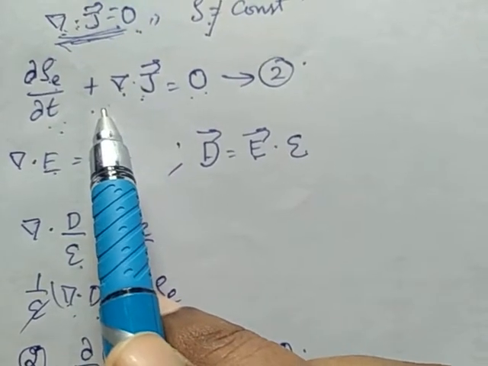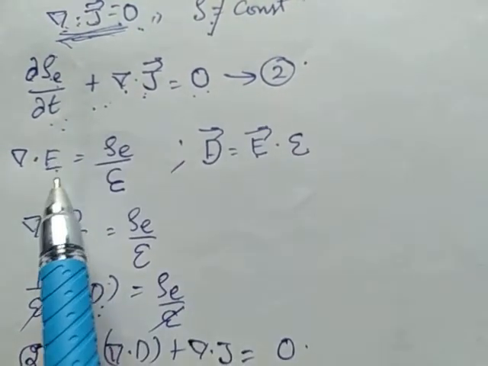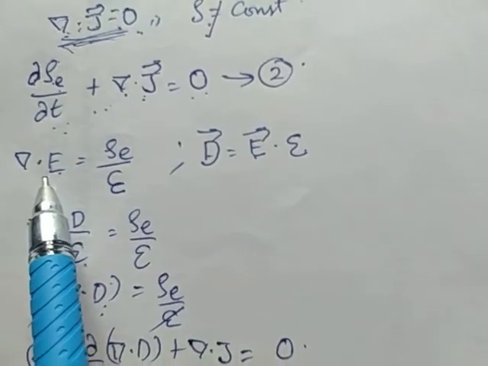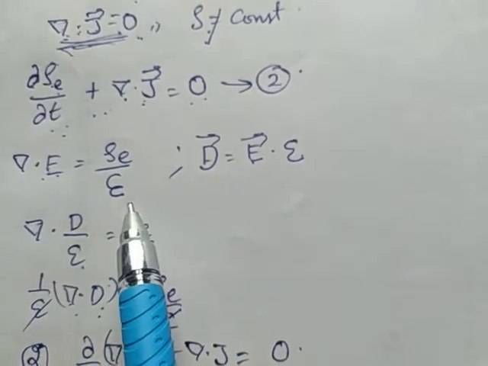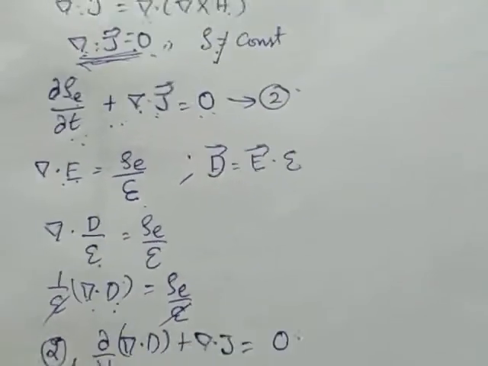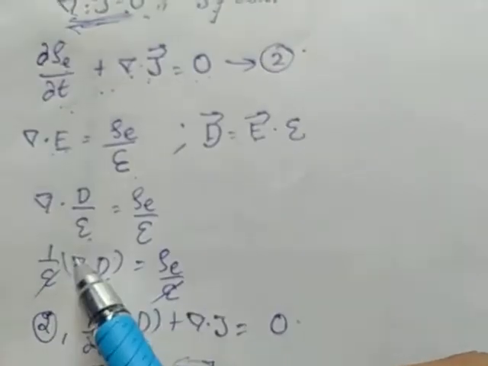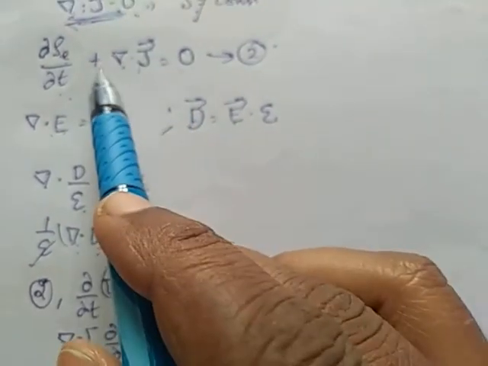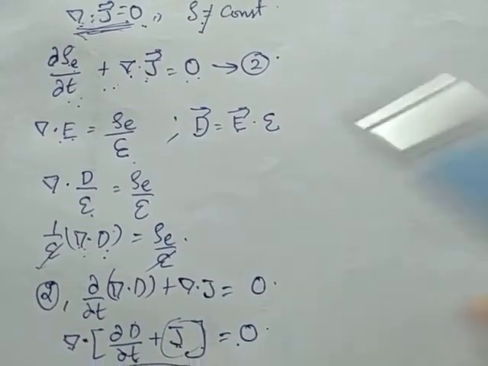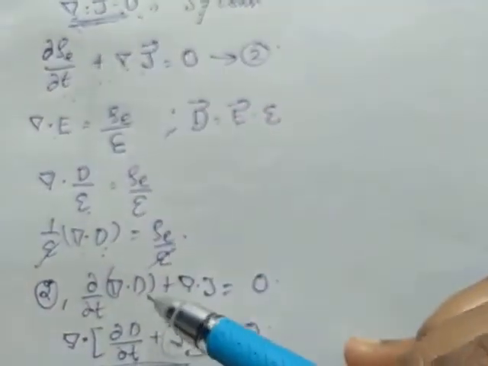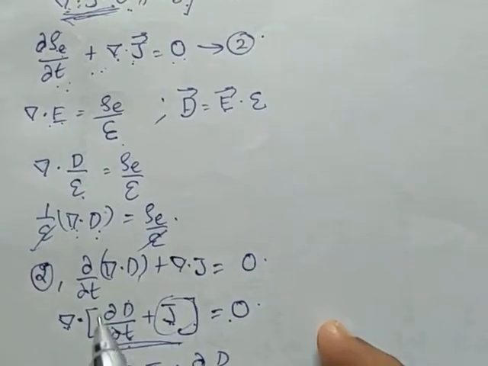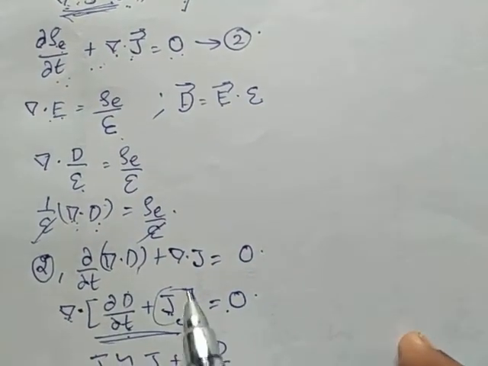So he considered the continuity equation of electric charge and del dot E is equal to rho E by epsilon, Gauss law. In place of E, substitute D by epsilon. Epsilon will get cancelled. We get del dot D is equal to rho E. So in the continuity equation of charge, replace rho E by del dot D. Here we have divergence of J plus dou D by dou T is equal to 0.